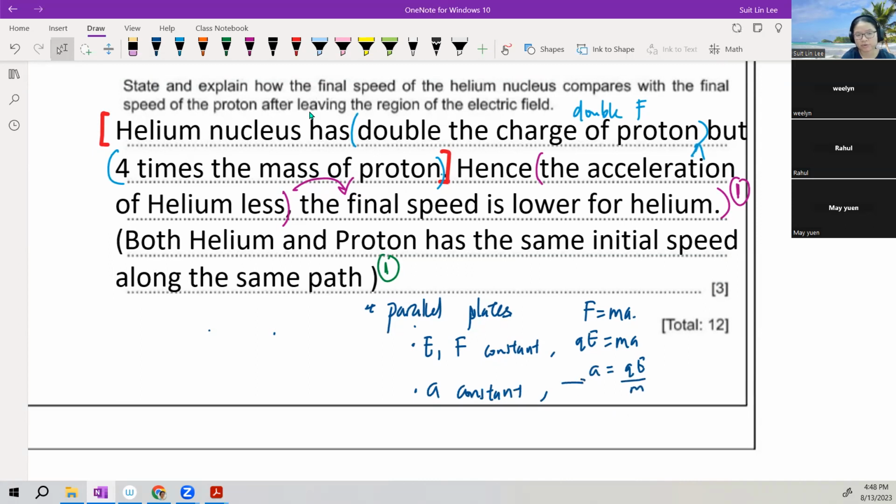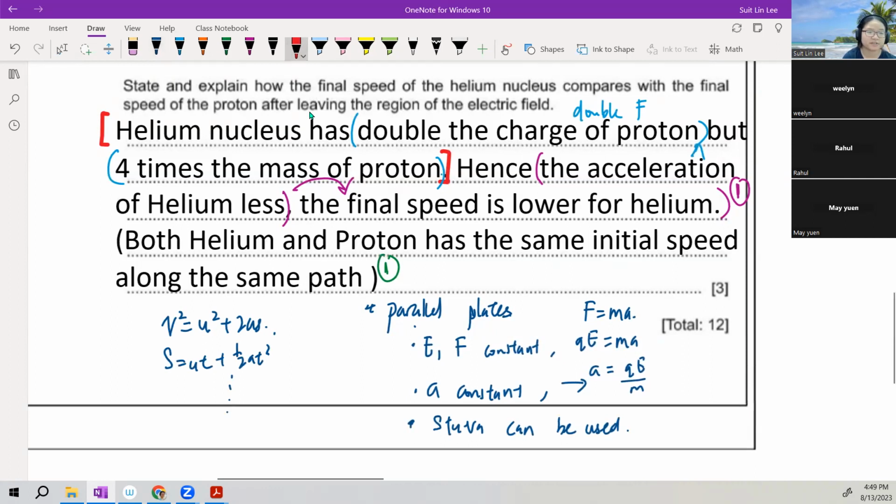You can calculate using this equation, meaning your equations of motion can be used, like the one I quoted just now, V square is U square plus 2AS, and S is UT plus half AT square. All this can be used, provided for parallel plate only. If it's the point charge or the charged sphere, then cannot.